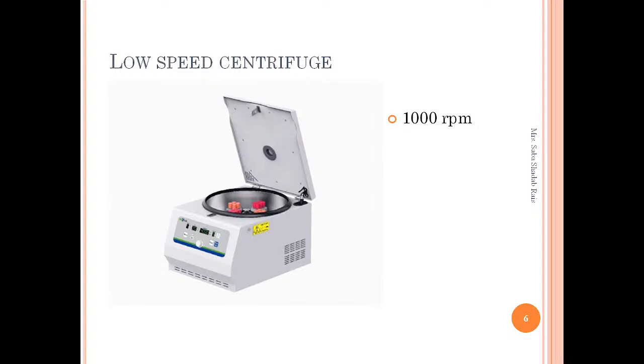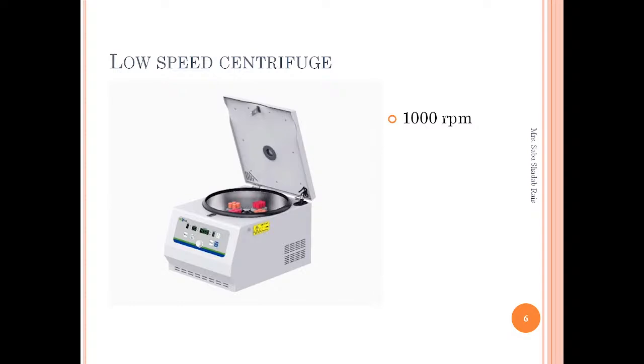Now the revolution of this machine is 1000 rpm, that means 1000 revolutions per minute. But you will see a slight modification, as we can see in our laboratory. We have a setup, that button is there, in that we can set it up to 3000 revolutions per minute. So maximum 3000 revolutions per minute can be, sorry, 30,000 revolutions per minute can be seen.